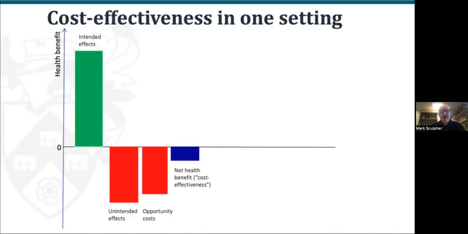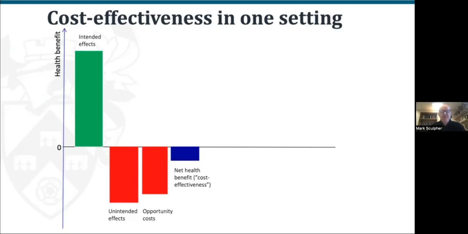So when we're thinking about cost effectiveness or the value of a treatment or an intervention, we have to establish whether the net health benefit is negative or positive. So this is the net clinical effects plus any opportunity costs. So here we are, the net health benefit is negative.